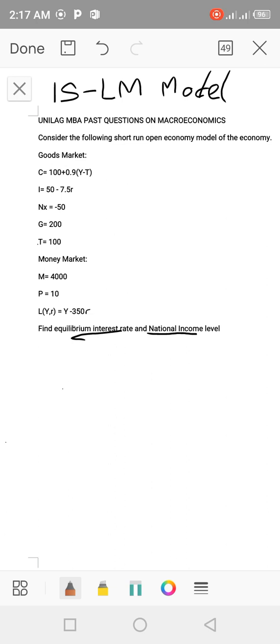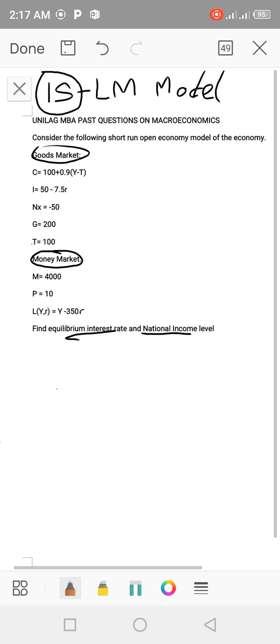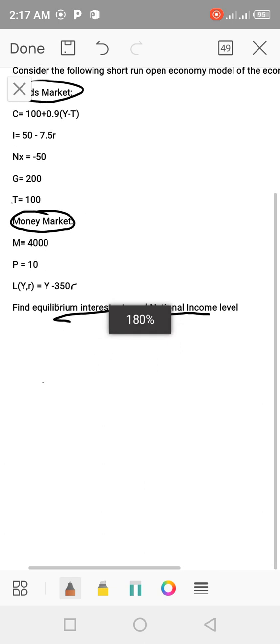We are going to get these two things by combining the goods market and the money market to get the general equilibrium from the two markets. The first thing we are going to do is to look into the first part of the model, which is the IS curve. So, what is the IS curve?